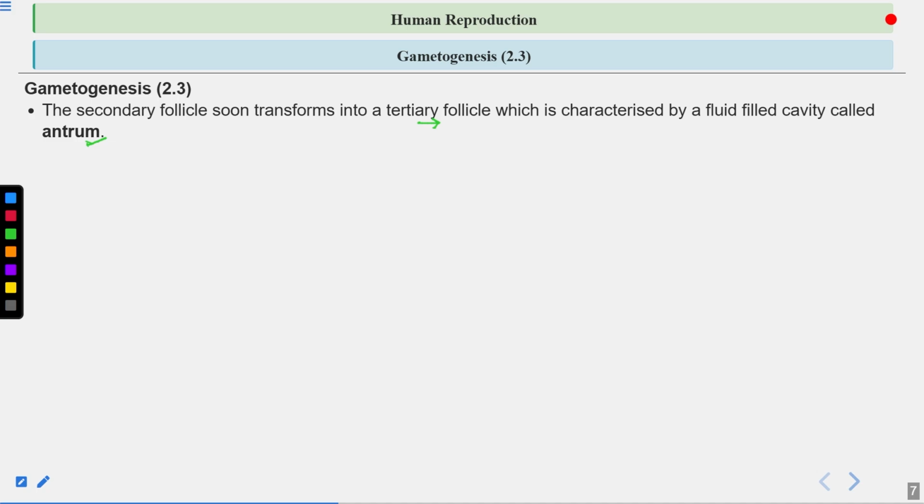It is a fluid-filled cavity that develops within the tertiary follicle. And this fluid is secreted by the granulosa cells which surround the follicle. Granulosa cells were present outside this primary oocyte, so the granulosa cells secrete this fluid.